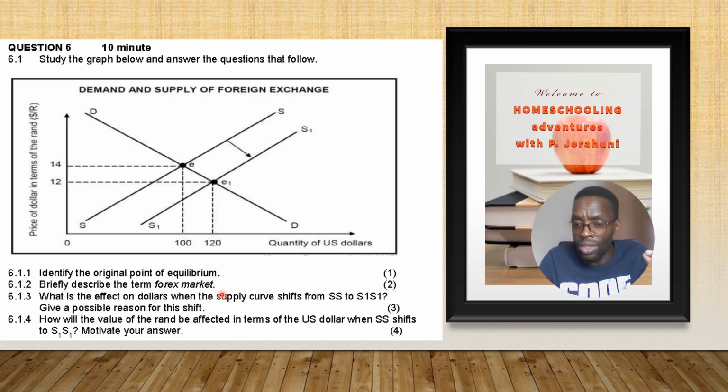We were expecting learners to say the forex market is a decentralized market for the trade of currencies, and that includes buying, selling and exchanging of those currencies. So that would be the correct answer. If you spoke about buyers and sellers of foreign currency exchanging the foreign currency for a price, we are going to accept that as correct.